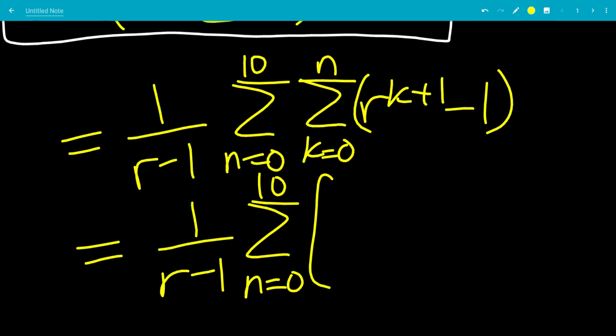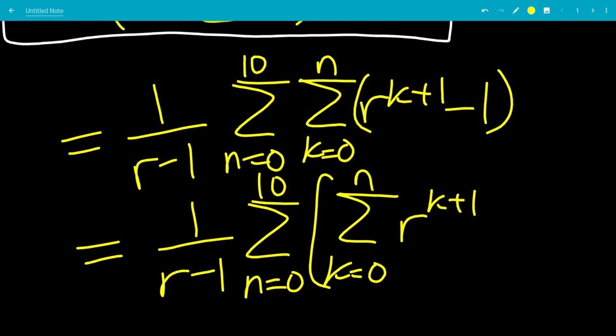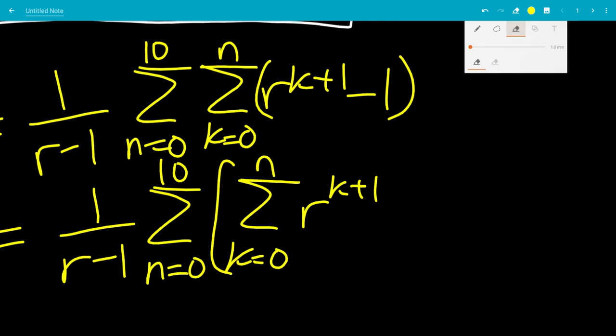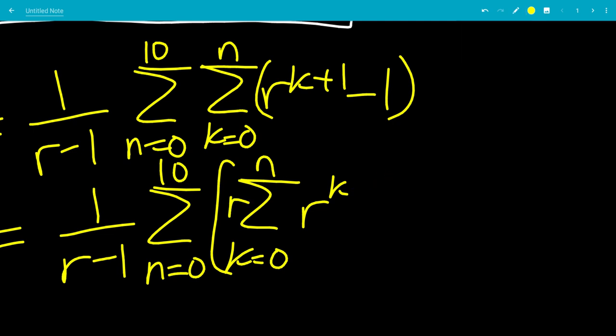So the first thing we have is the sum from k equals 0 to n of r to the k plus 1. And r to the k plus 1, we can write as r to the front times the sum. Okay, and then we're going to have minus 1 under k going from 0 to n. So this we can just write down again, 0 to n of just 1.